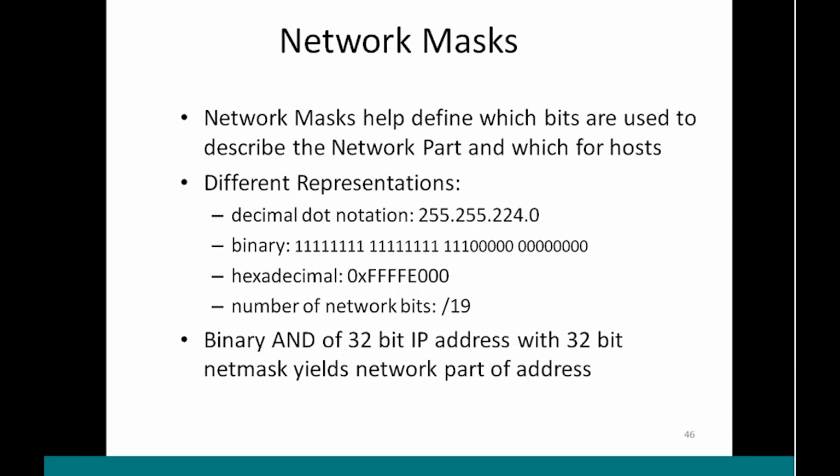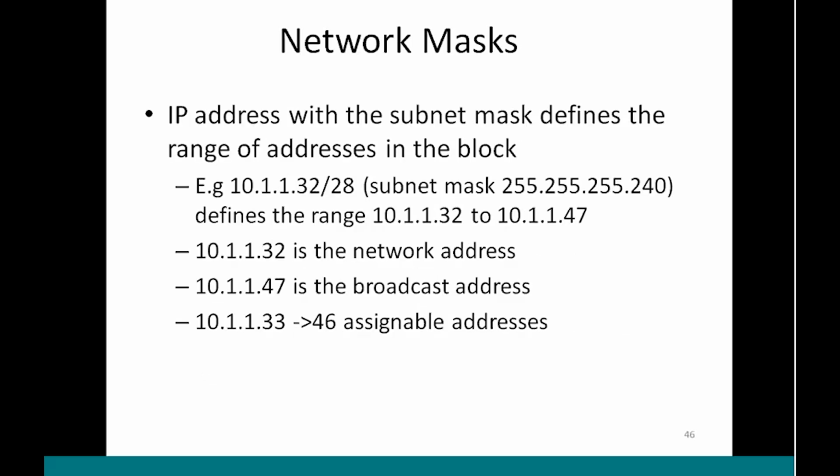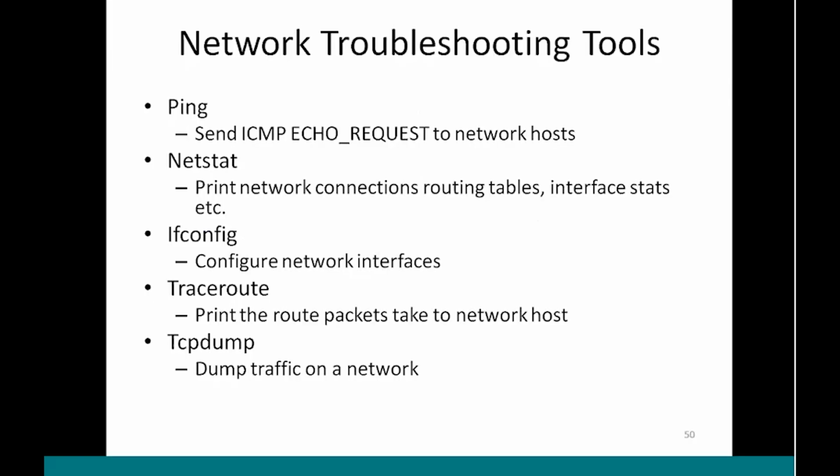By just looking at the network mask you can figure out how many bits are part of the network address and how many bits are part of your host address. I hope this is useful, and we also saw some commands towards the end, as to how system administrators use these tools effectively to manage the system.